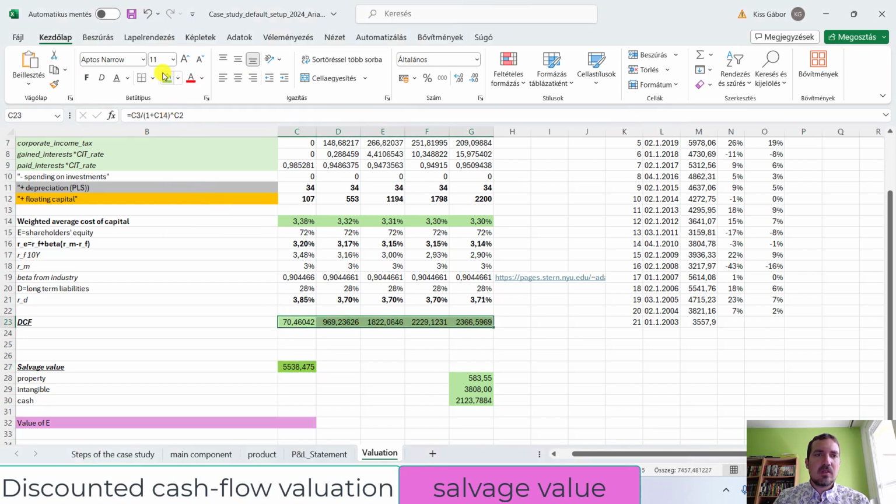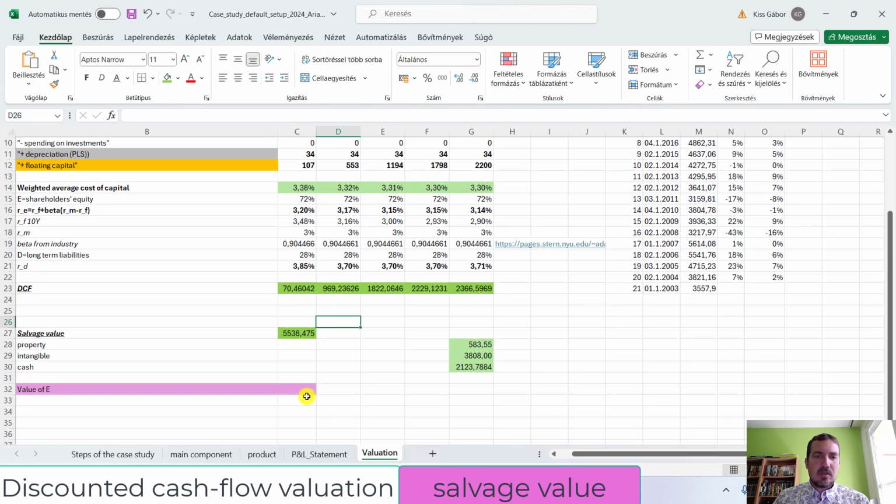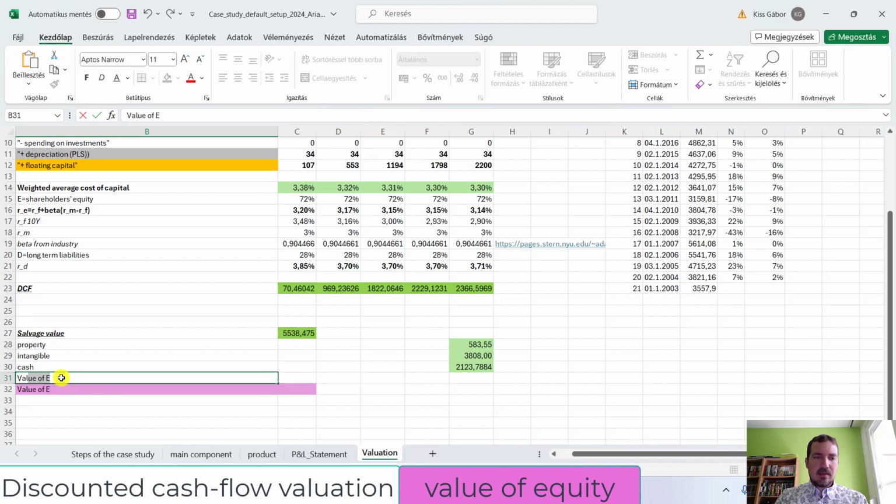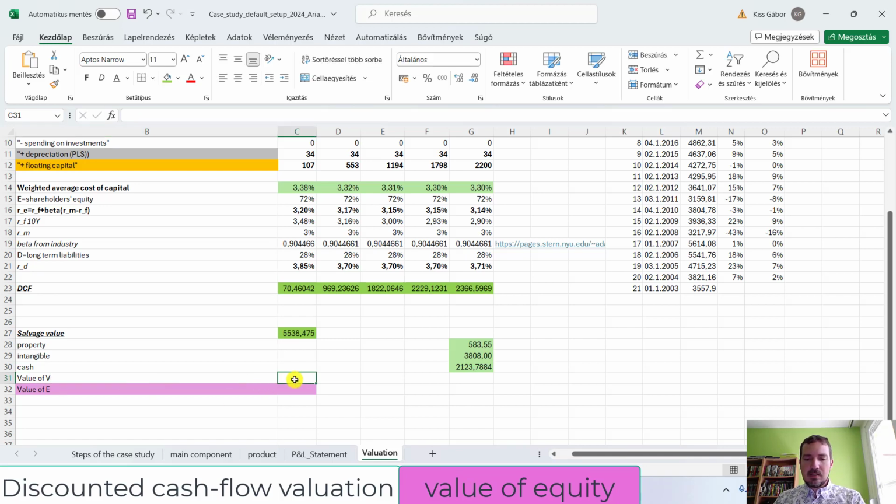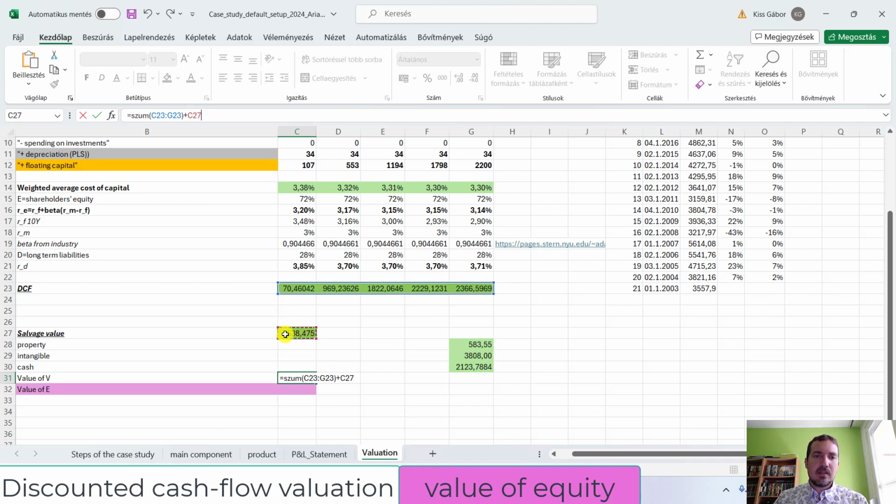So okay, now we can see that value of V, we have to sum up all these things plus this. They are already present value, this is already present value, so it's a good number.